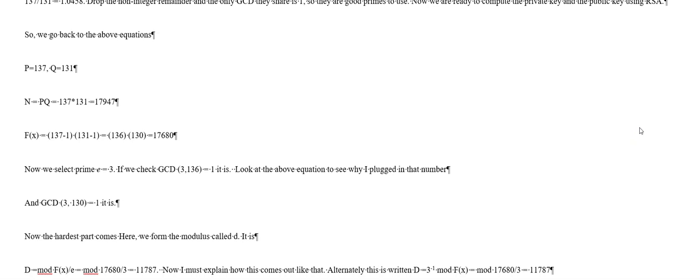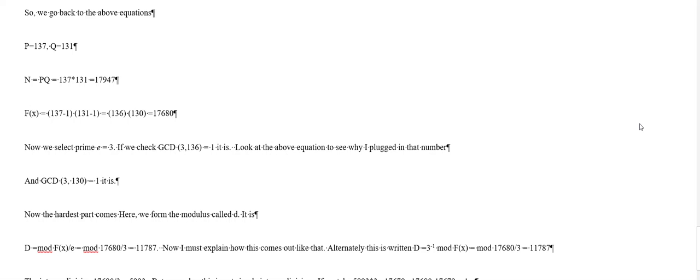And now comes the hardest part. Here we form the modulus called D. D is equal to the mod of f of x divided by e, which is equal to the mod of the number we calculated, which is 17,680 divided by 3, and the answer is 11,787.